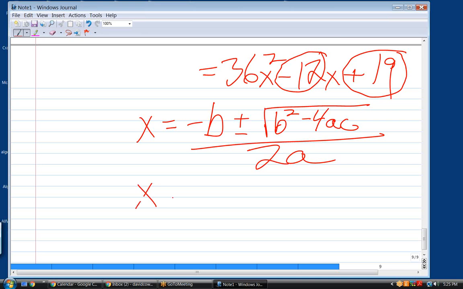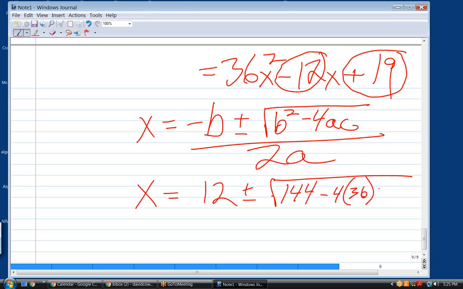So my solution to this quadratic is going to be minus b, which turns into plus 12, plus or minus the square root of 144 minus 4 times 36 times 19. We can see that that is a negative number. So we are going to have nothing but complex solutions.